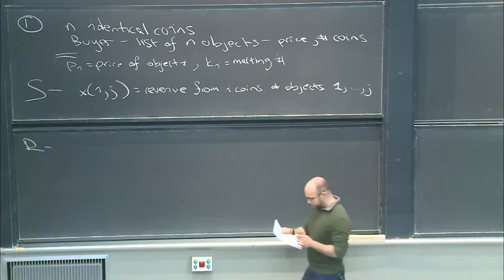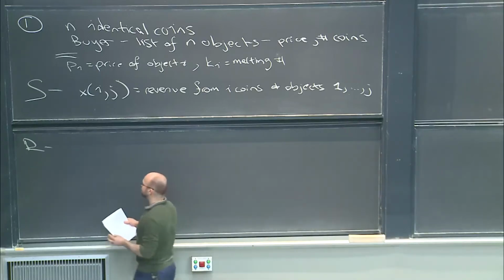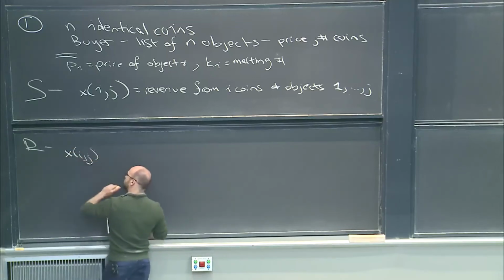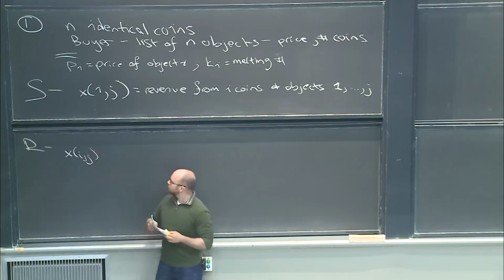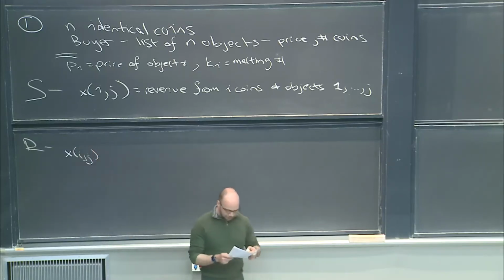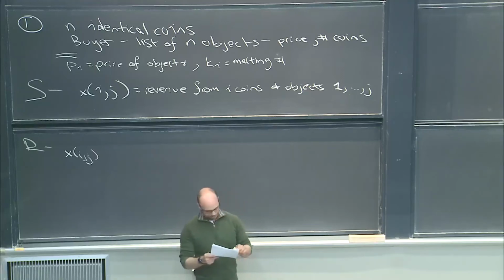So in particular, I have that xij essentially can take one of two values. Parenthesis, in case you're wondering, of course you're trying to maximize your revenue.